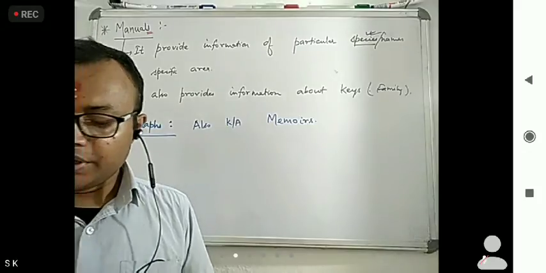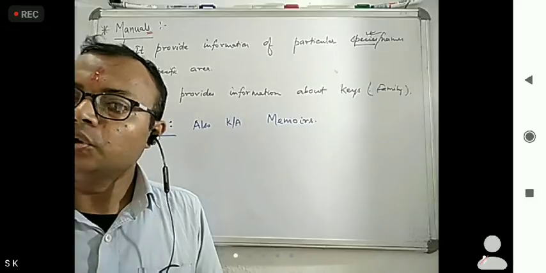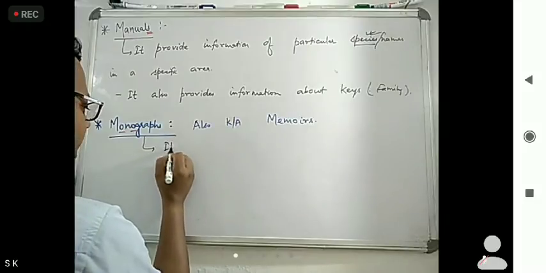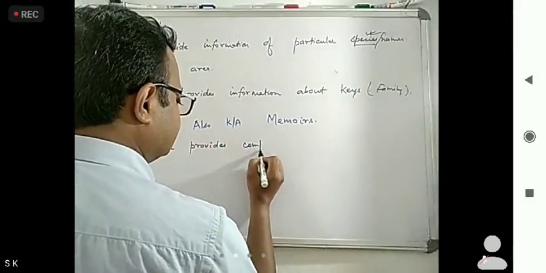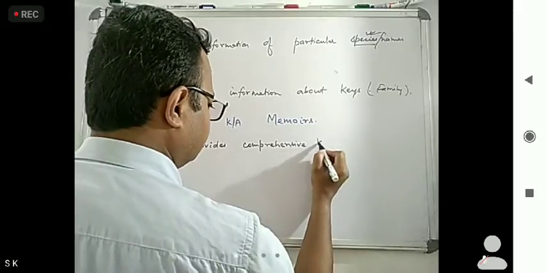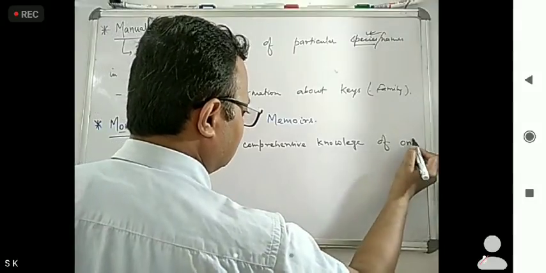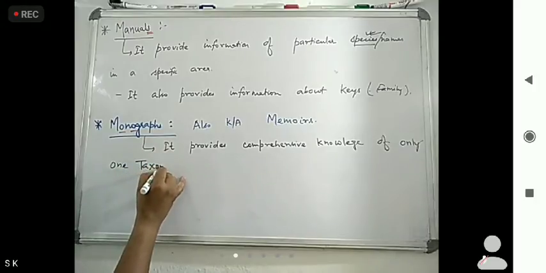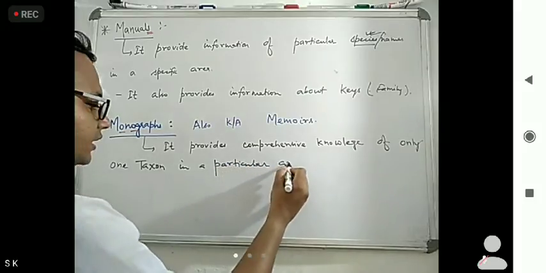Okay, now what is it? It gives comprehensive knowledge of one taxon at a time. So it provides comprehensive knowledge of only one taxon in a particular area.